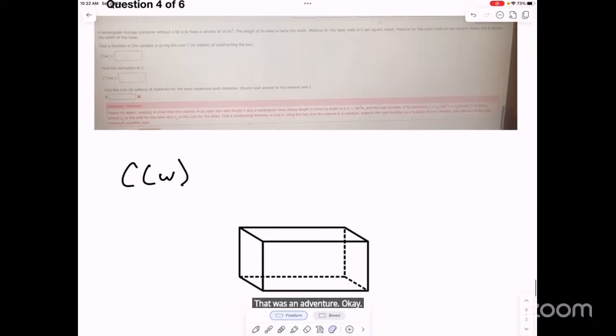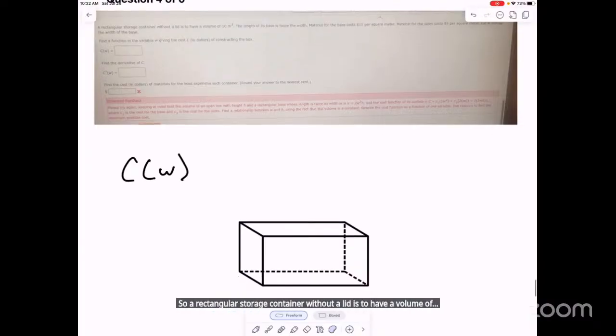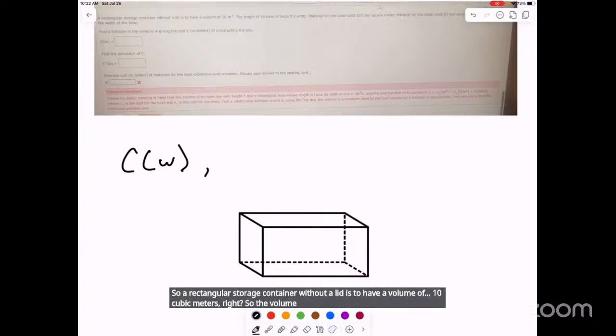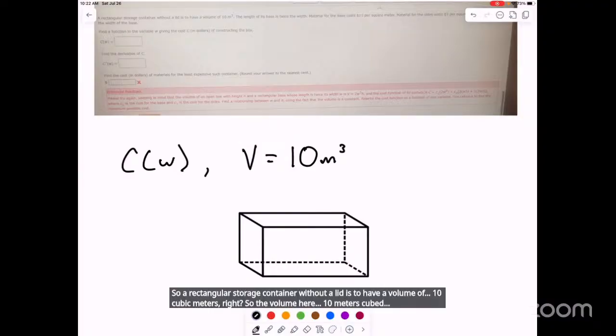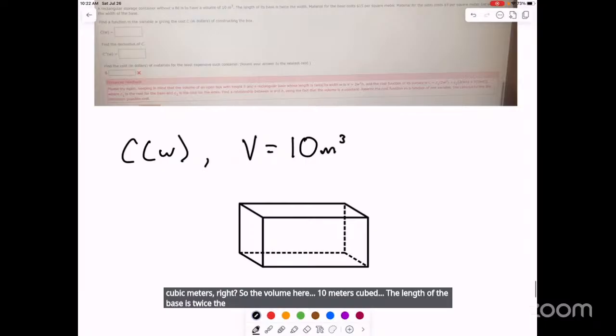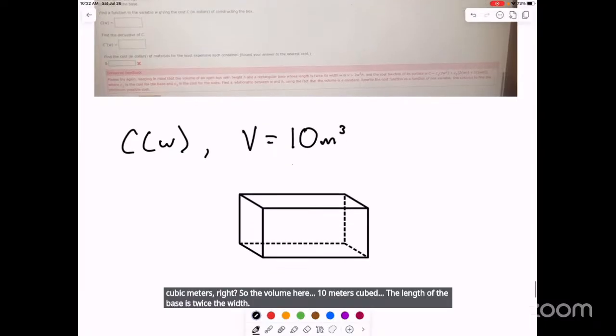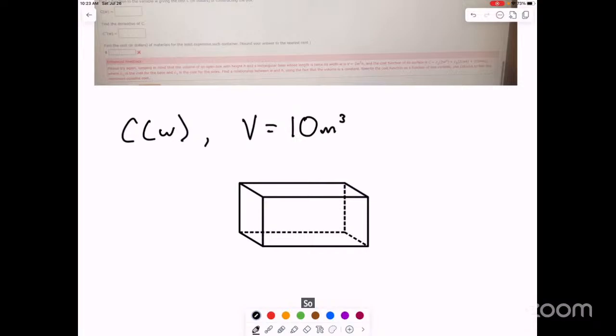A rectangular storage container without a lid is to have a volume of 10 cubic meters, right? So the volume here is 10 meters cubed. The length of the base is twice the width, so L equals 2W. I'm going to let this be my L down here, and this is my W here.